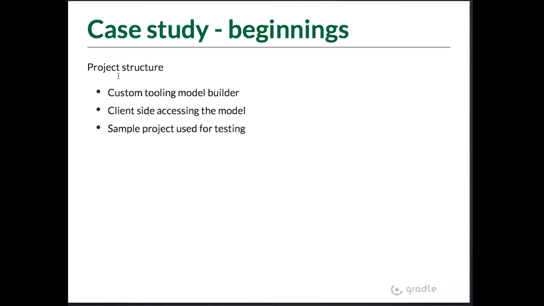There will be the second project, which is the client side, and that will use the tooling API to call the Gradle build and get the model from it. We will also create the third one, which is just a sample project, so that we can have something to test that stuff on.